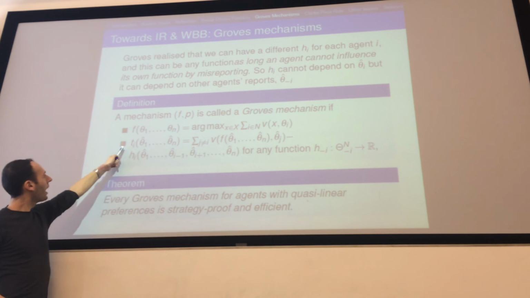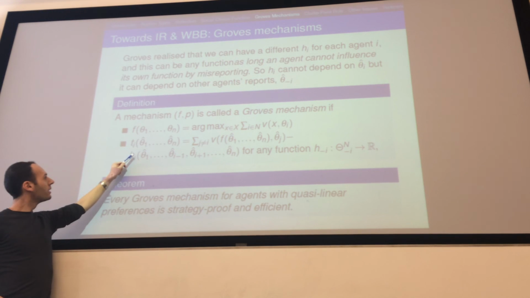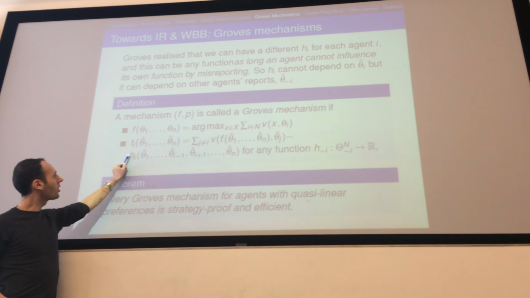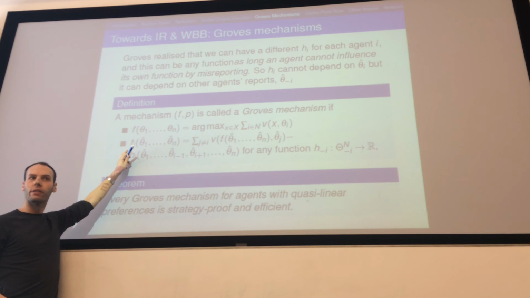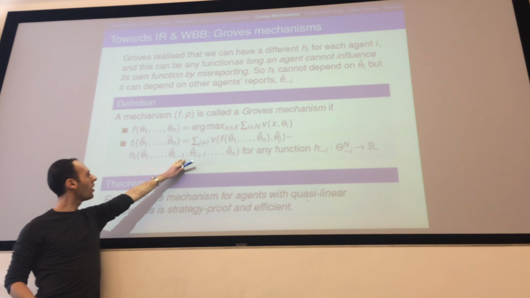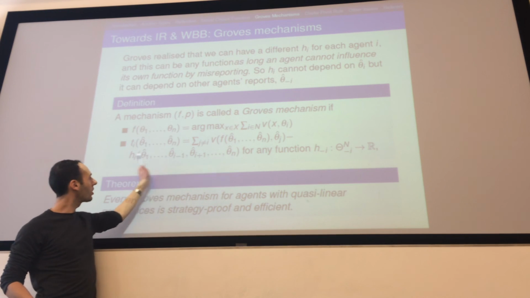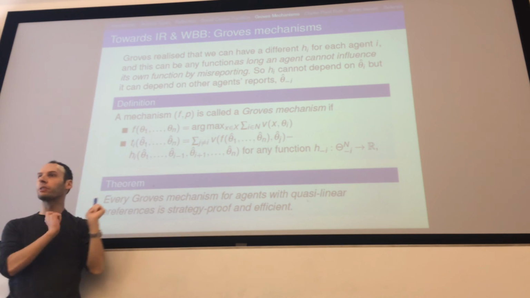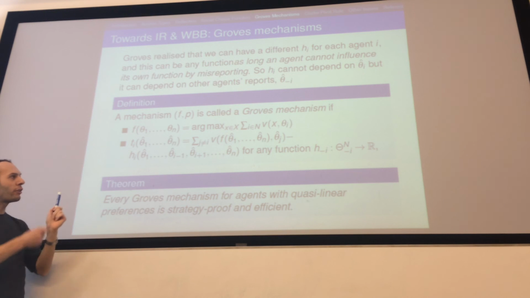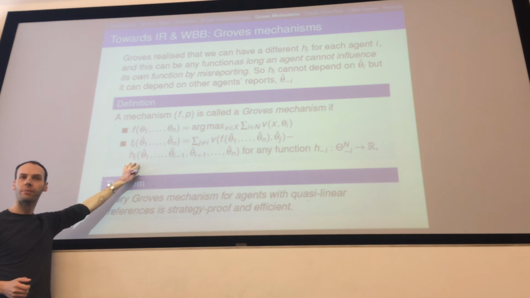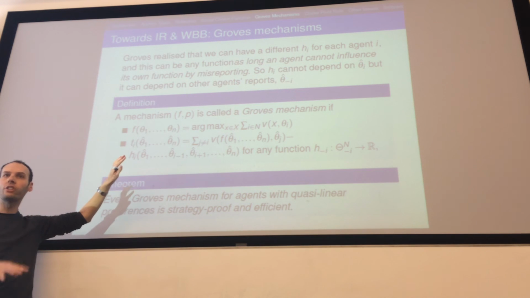Okay? So if I'm agent I, this is still a constant from I's perspective because it does not depend on agent I's report. So if you have an agent J, we have to do the same thing. We remove agent J's report from the h. Okay? So we do that for each agent.